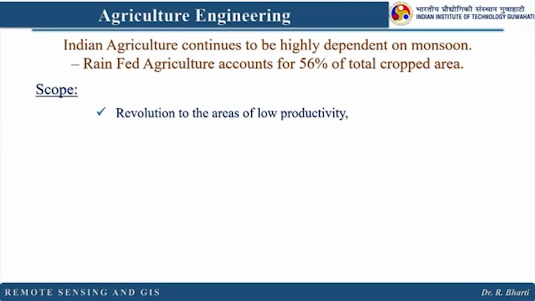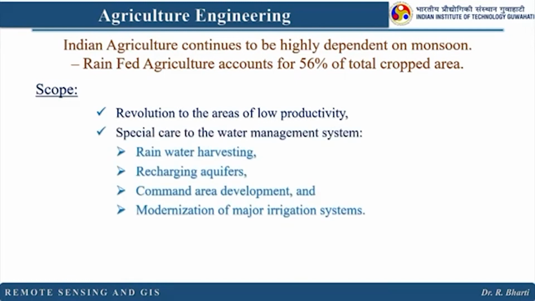The first and very important aspect of this problem is revolution to the areas of low productivity, then special care to the water management system. So in water management system, what can we do? We can use rainwater harvesting, recharging aquifers, command area development, and improve our major irrigation system, right?